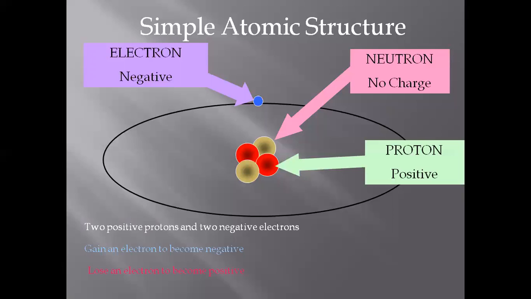This is the simple atomic structure, and from it we describe charges, because there are two kinds of charges in any atom: positive charge, that means proton, and negative charge, that is electrons. The proton, the positive charge, cannot move, but the electron, the negative charge, is moving.